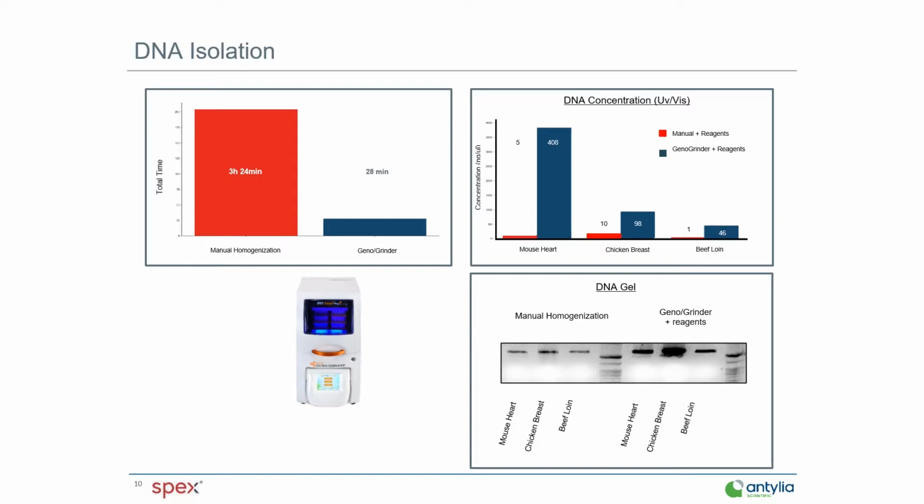In each case, if you automated the process, putting it in something like our GenoGrinder, our ball mill, you were able to really increase your DNA concentration. You got better quality DNA, much cleaner DNA, and much more DNA when we were doing our different gel techniques.